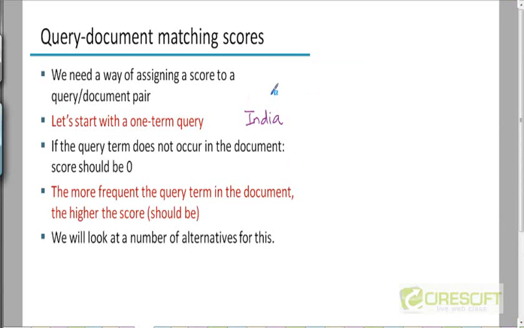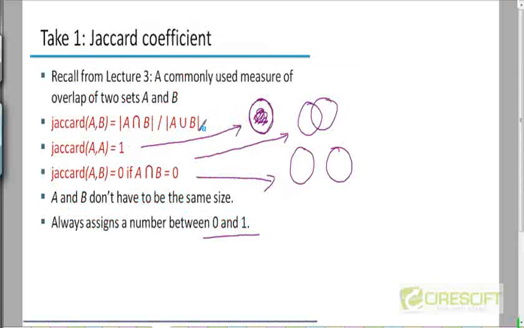The set A is the set of terms in the query, and the set B is the set of terms in the document. These are the two sets between which we are taking the Jaccard coefficient. So we're going to calculate the value of the Jaccard coefficient between the query and every single document in the corpus. And then we are going to sort the documents in decreasing order of the value of this Jaccard coefficient.